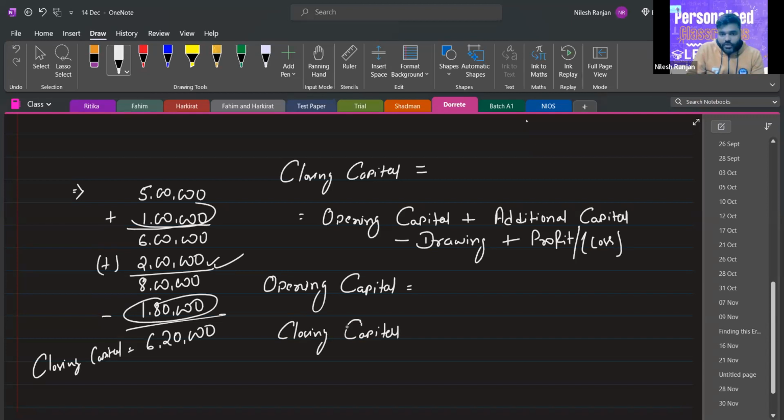Now additional capital is plus here, so it will become minus, and drawing is minus, so it will become plus. You know this rule: whenever we change the side of any item, the sign also changes.